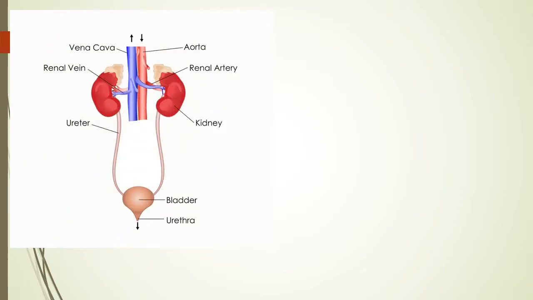This is the human excretory system. Our kidneys are reddish brown, bean-shaped structures, situated between the last thoracic and third lumbar vertebral region. We can say it's in the abdominal region. It's about 10 to 12 centimeters in length.